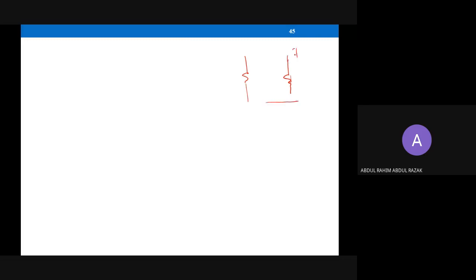This is your TJ MOSFET, and this is your TJ rectifier. Because they share the same heatsink, there will be only one heatsink. At the same time, you have two elements here. One is your R thermal JC, and this is your R thermal JC as well.